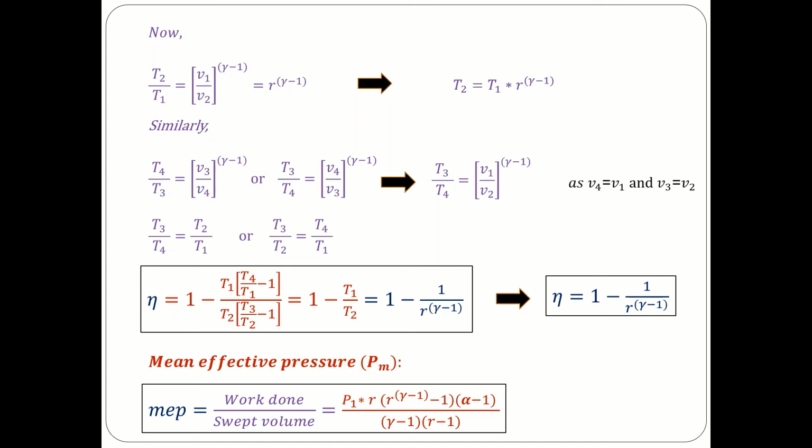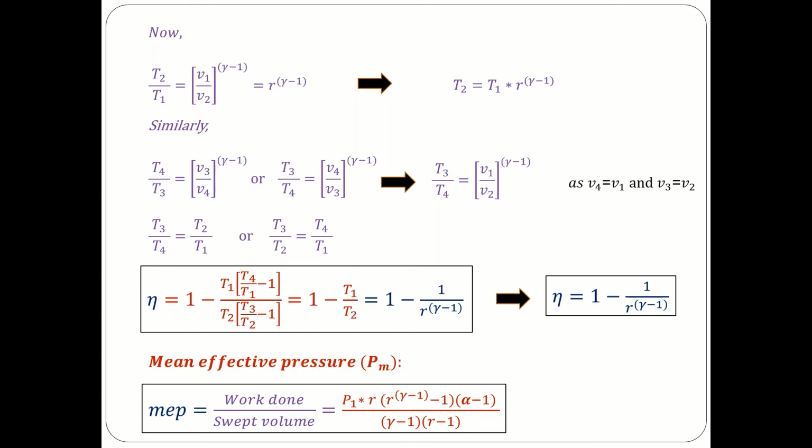So this is a term which actually gives us the idea about the performance. If this value is high, then we can say that the output can be higher. So, how is it calculated? Work done can be calculated in terms of mean effective pressure as mean effective pressure into swept volume. So that gives you work done.